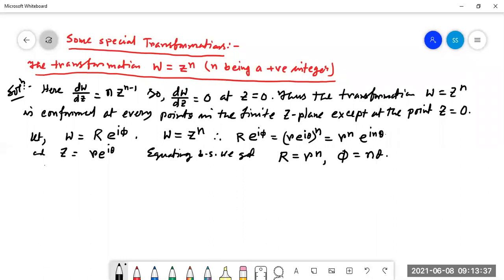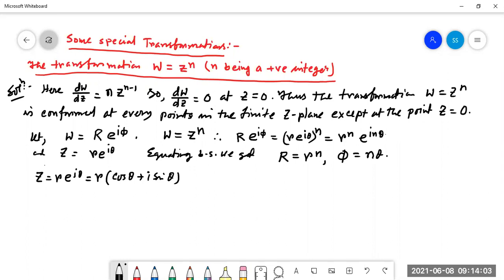You do not know what is the polar form of Z? Look here, Z equals r e to the power I theta, so r into e to the power I theta means cos theta plus I sin theta. So that is the polar form, isn't it? Yes, sir. W also has the polar form: W is also R into cos phi plus I sin phi.